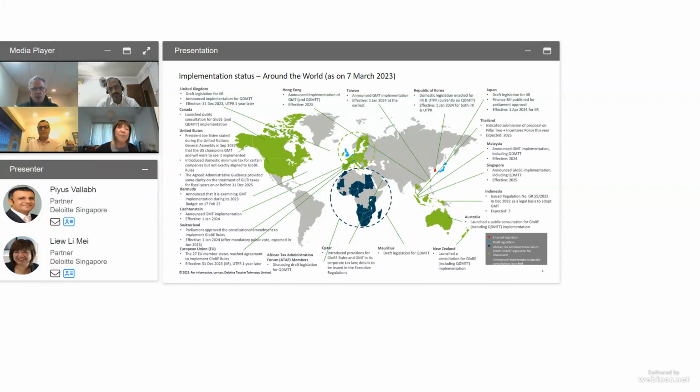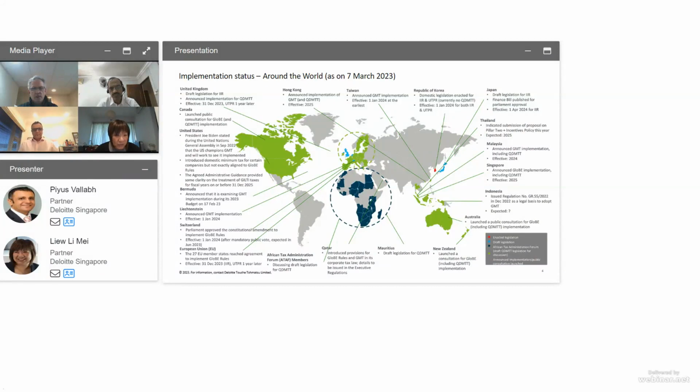So as you know, Pillar 2 sets out the global minimum tax rules, which have been designed to ensure that large multinational businesses pay a minimum effective rate of tax, the ETR, which has been agreed at 15% on profits in all countries. So this is regardless of where the MNEs operate or are headquartered.